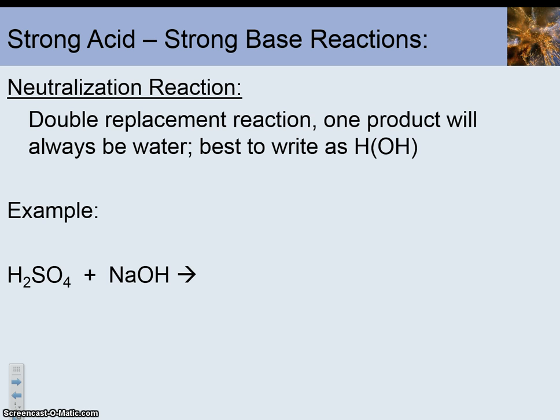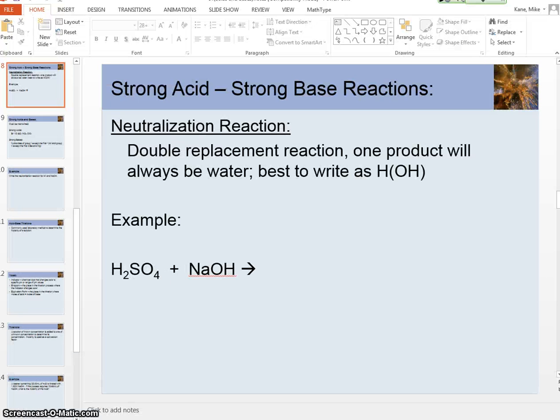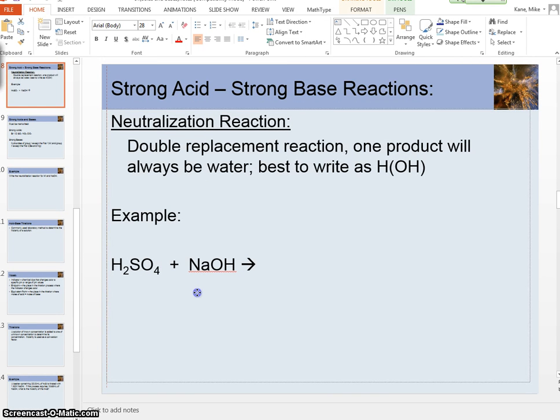What we have set up here, before we even started talking about acids and bases, we would be familiar with this, and we would see that this is actually a double replacement reaction. So with any double replacement reaction, we're just going to swap out the positive ions for the positive ions.